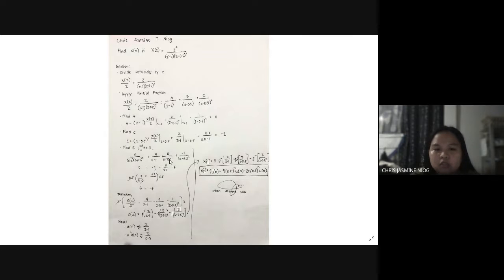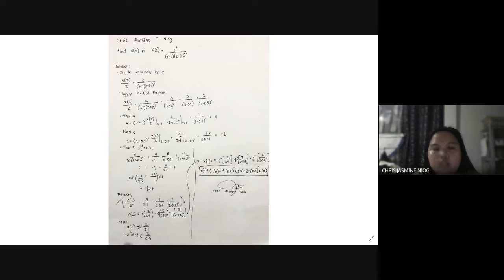Then B over 0 minus 0.5, so minus B over 0.5, then negative 1 over 0 minus 0.5 squared, so that is negative 4. Then we multiply by 0.5 and transfer B over, with negative 8 on the other side. So B is equal to negative 8 times 0.5, so negative 4.